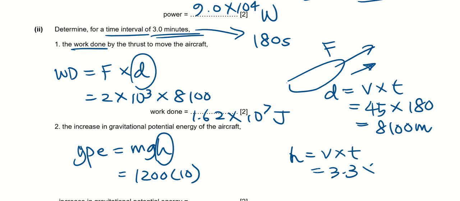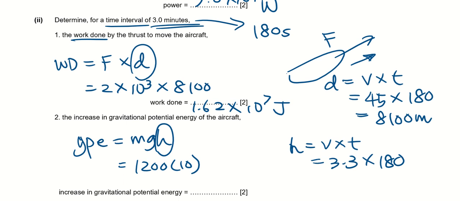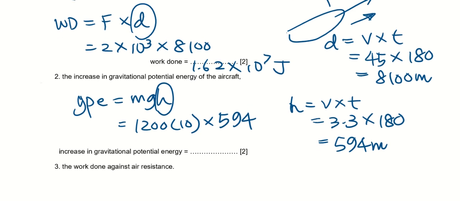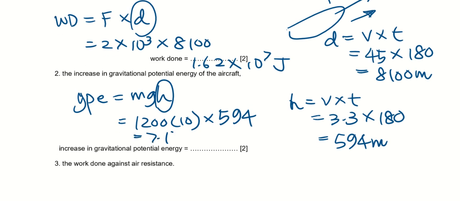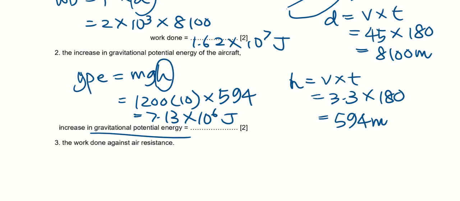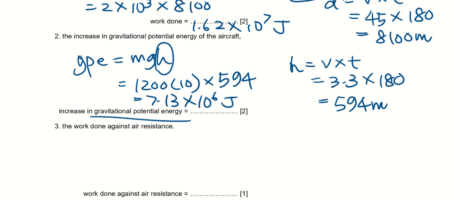So 3.3 times 180, I should get a value of 594 meters. This is how much the height has changed over these 3 minutes. Therefore, I'll get 7.13 times 10 to the power 6 joules. This is the increase in the energy in the gravitational potential store.